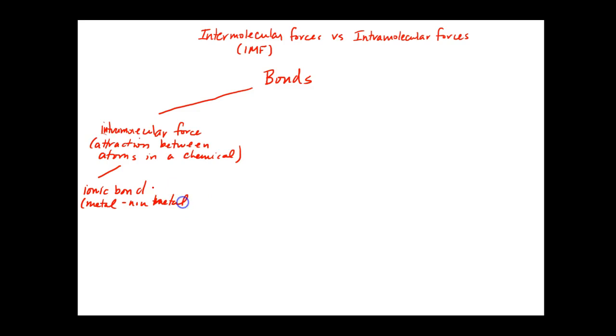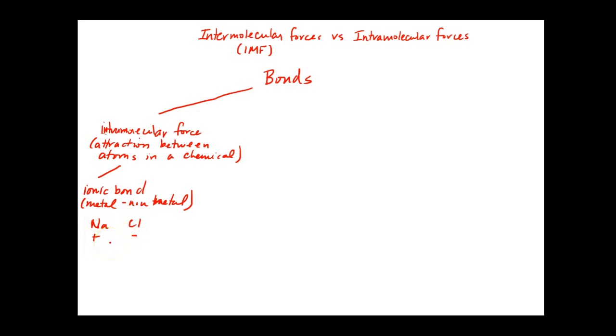In this case, the electronegativity difference is so great that one of those atoms is so highly electronegative that it can pull the electron away from the other atom and keep it completely for itself. And so as a result, you have a positive charged and a negative charged atom.